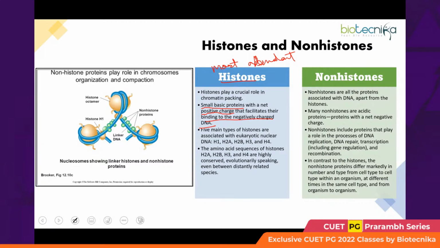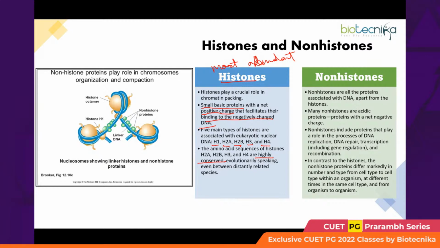Now there are 5 main types of histones associated with the eukaryotic nuclear DNA. They are H1, H2A, H2B, H3, and H4. The amino acid sequences of the histone proteins H2A, H2B, H3, and H4 have been seen to be highly conserved, evolutionarily speaking, even between distantly related species. So what does this evolutionary conservation tell us?